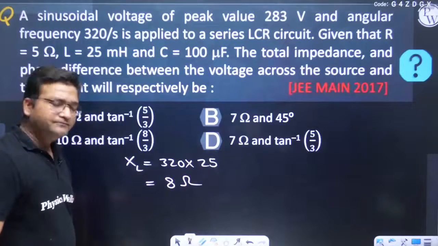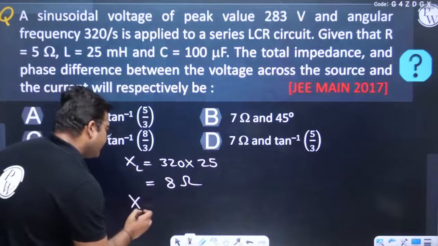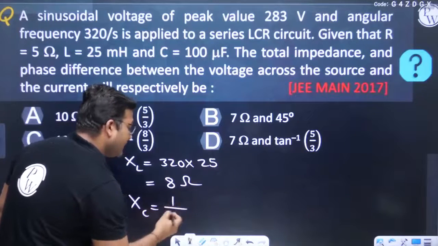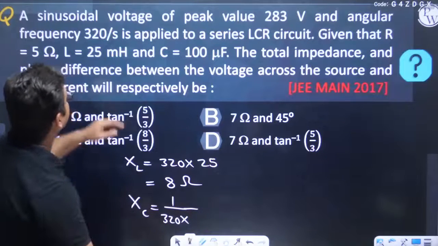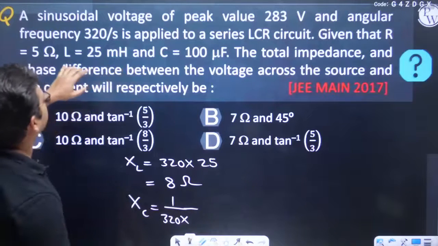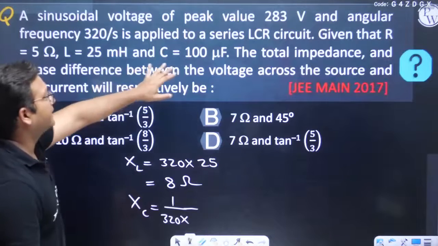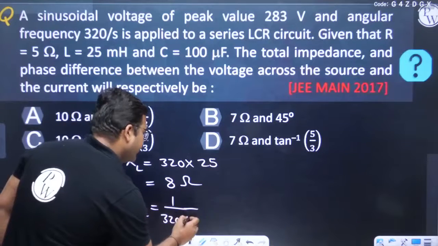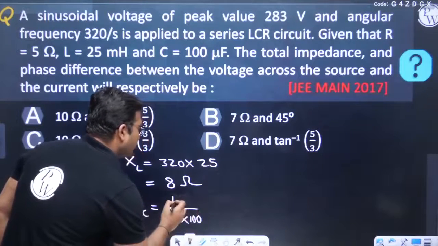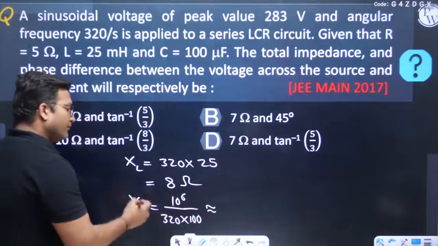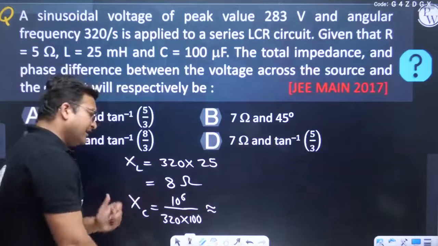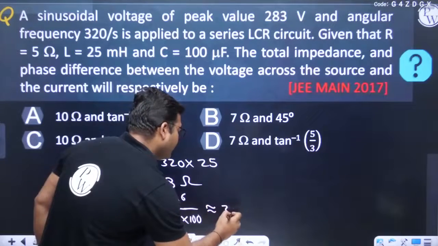If you find XC, XC is 1 over omega C. Omega is 320 times C, and C is 100 microfarad, so C has 100 times 10 to the power minus 6. If you calculate this, you will find XC very, very close to 3 ohms.